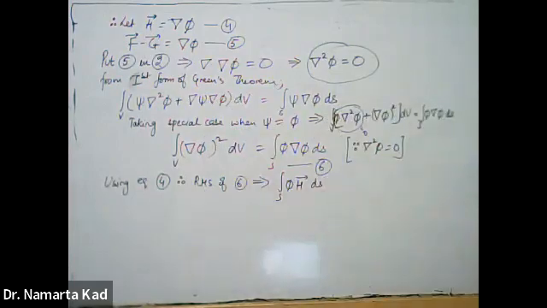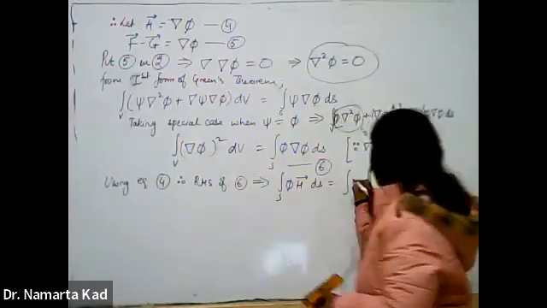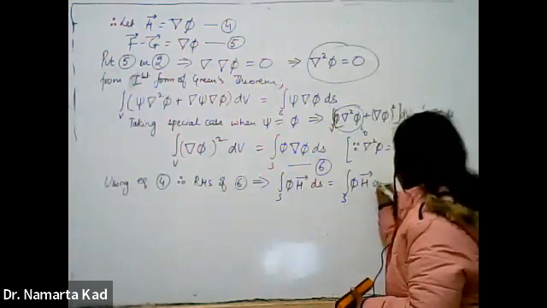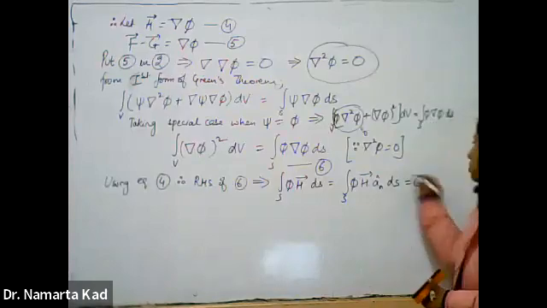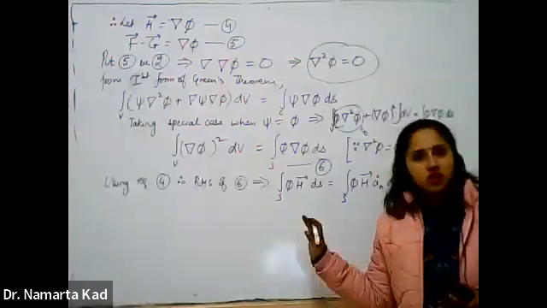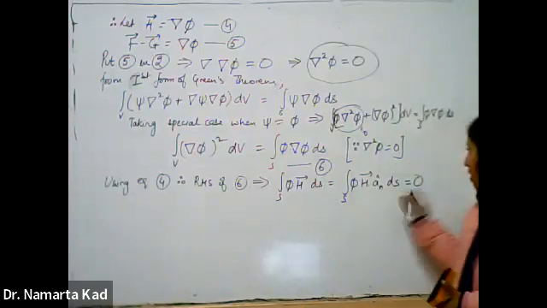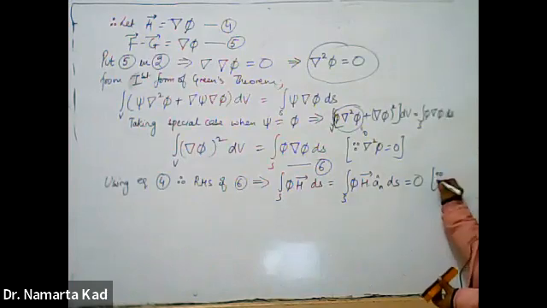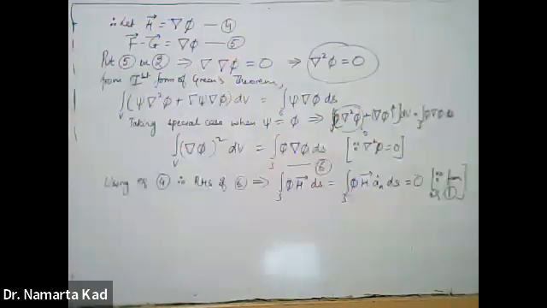On the boundary condition, this can be written as h vector with its boundary unit vector ds, and this is equal to 0, because from equation number 1, f minus g dotted with the unit vector is equal to 0.